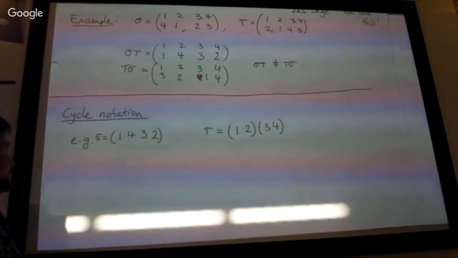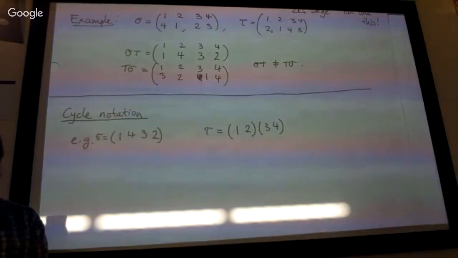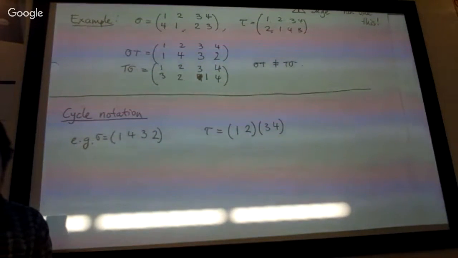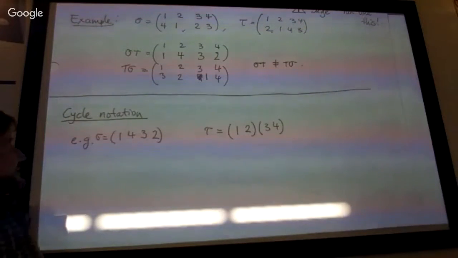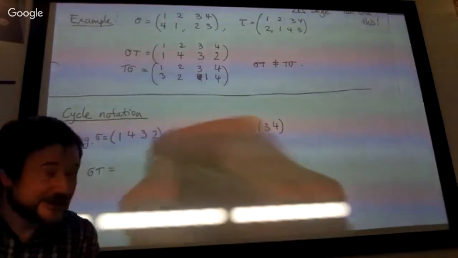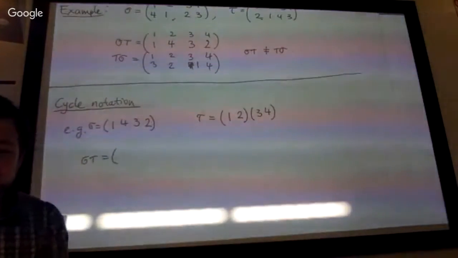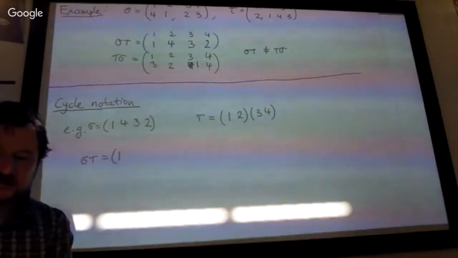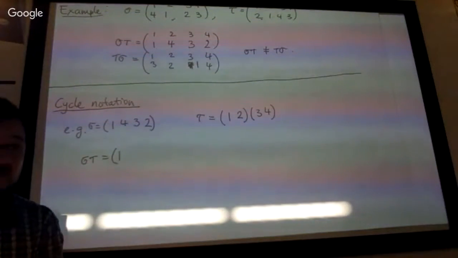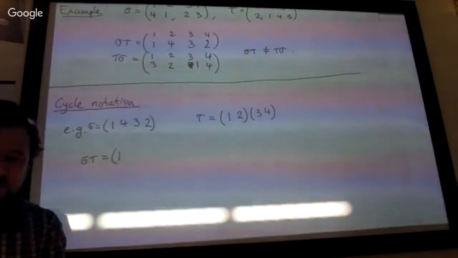Now, how do you multiply in this notation? So here, sigma tau, without looking up what it is, if I wanted to do it in this notation directly, I start with the 1. Now, tau first, sigma second. So 1 goes to 2, goes to 1.